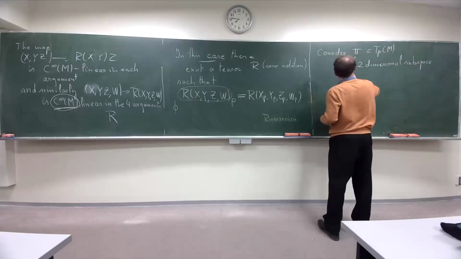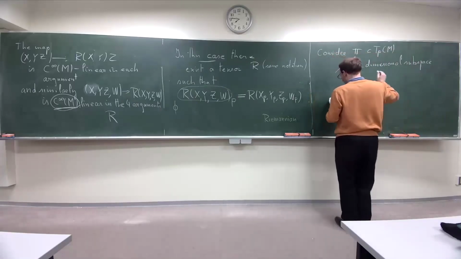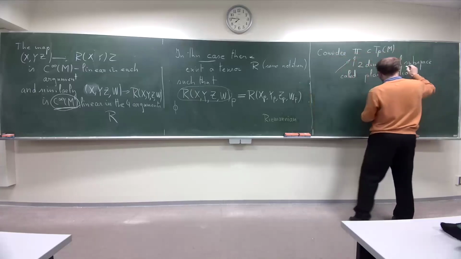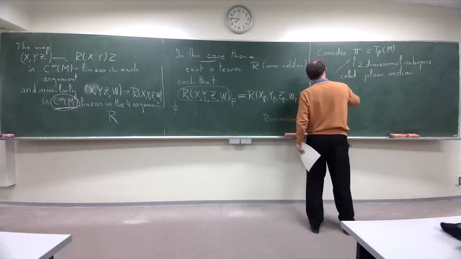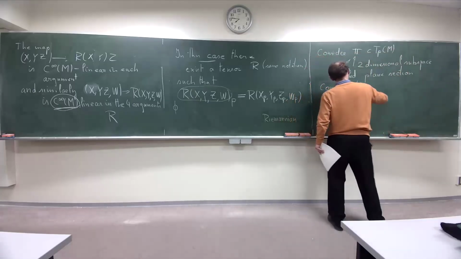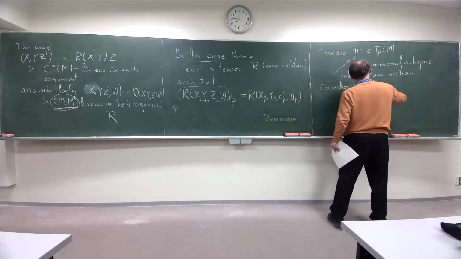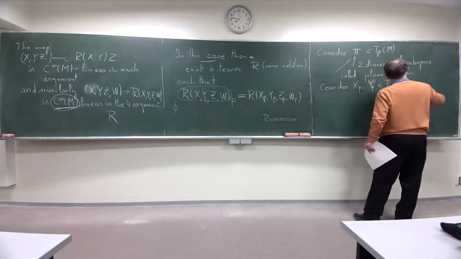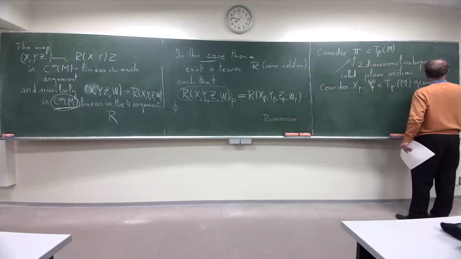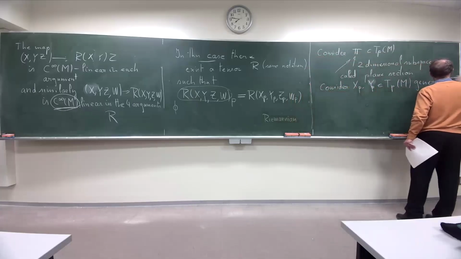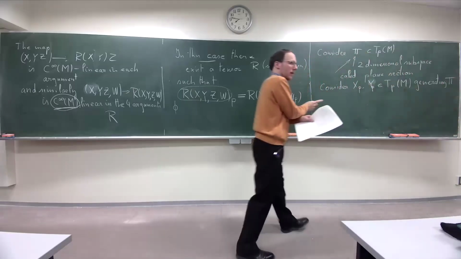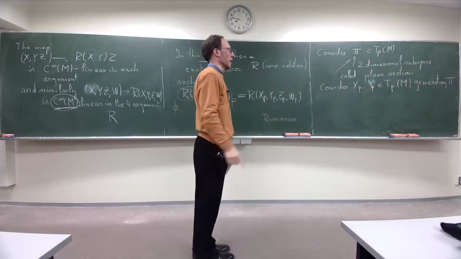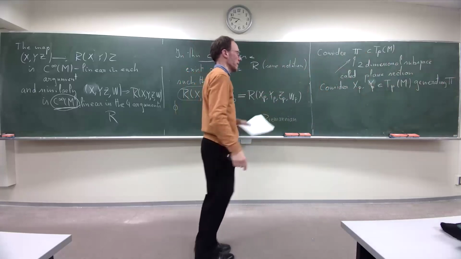They are called plane sections. And I'm going to play a bit with this plane section. When we consider two vectors, xp, yp, inside TPM, generating this two-dimensional subspace. So I consider two vectors in this space of dimension m, and I assume they generate this subspace.